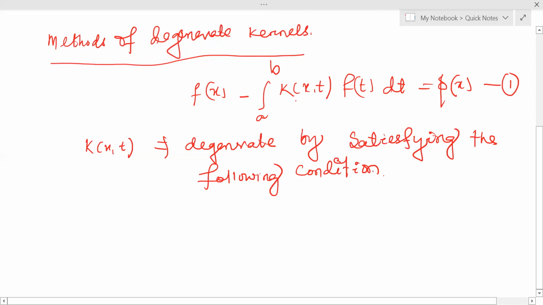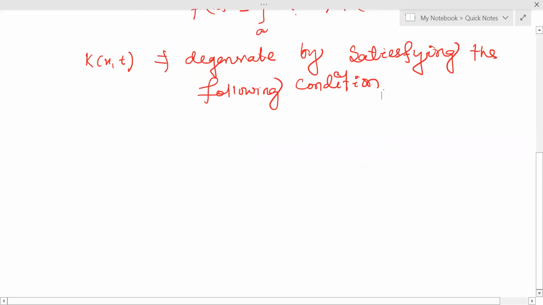The kernel k(x,t) can be expressed in this form.